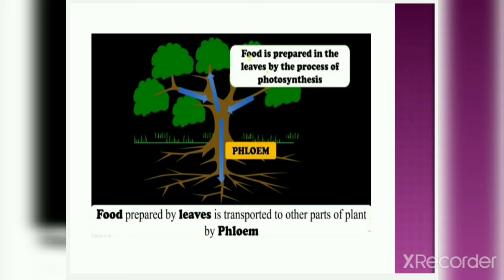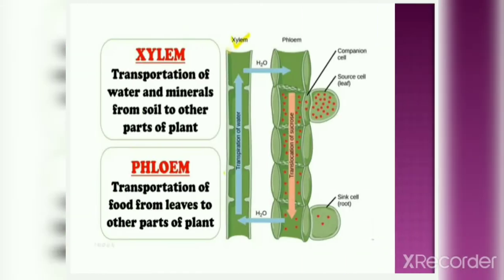So what we studied is that water and minerals are transported by xylem and food is transported to different parts of the plant by phloem. You can see phloem in this picture. Special tubes present inside the stem with the help of which food is transported to different parts of the plant.